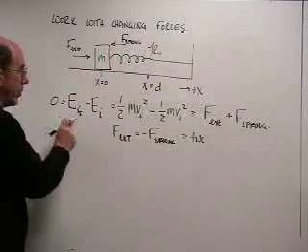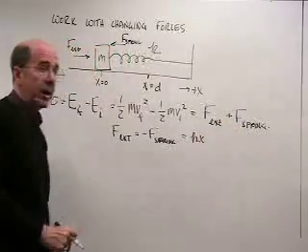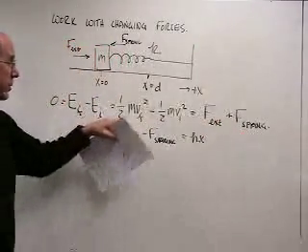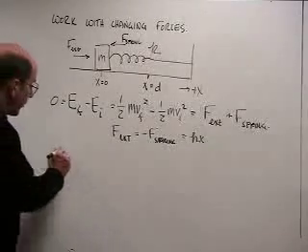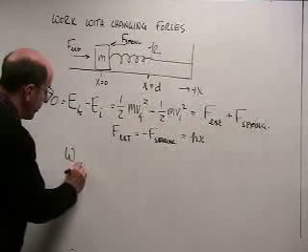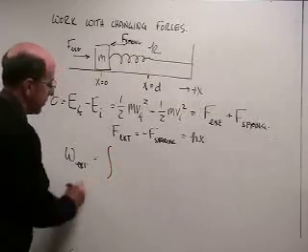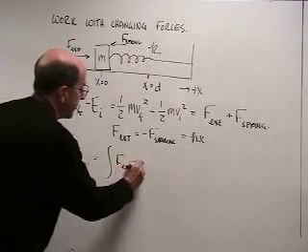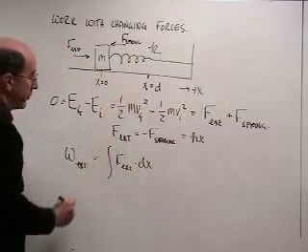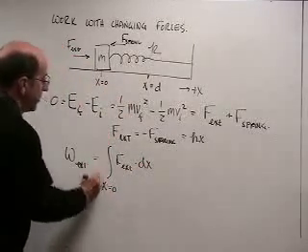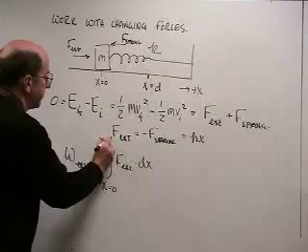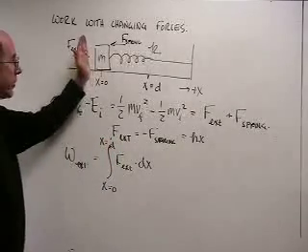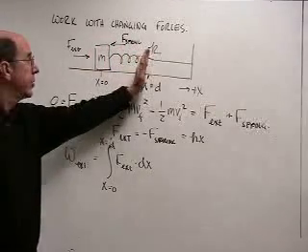Let's look at all we've said here: the total work done by the hand pushing and by the spring ends up being 0. Okay? The work done by the external force is going to be the integral of the external force times dx, that's the motion we're doing, from x is equal to 0 to x is equal to d. As I push this, I'm going to have to exert more and more force as I move it along.